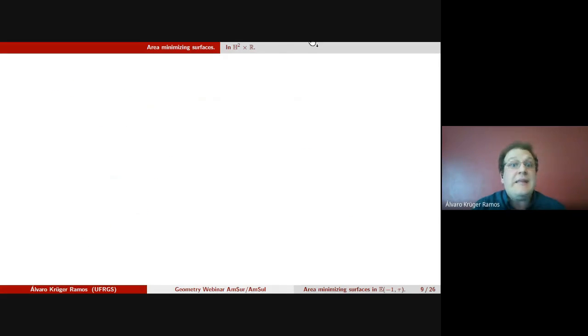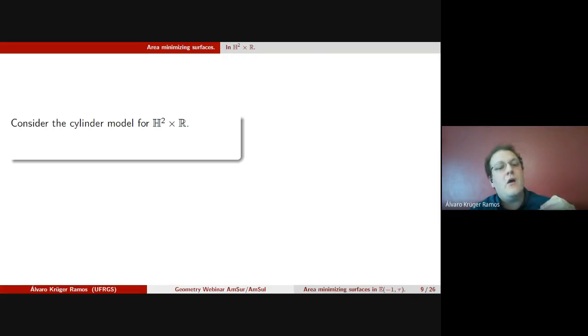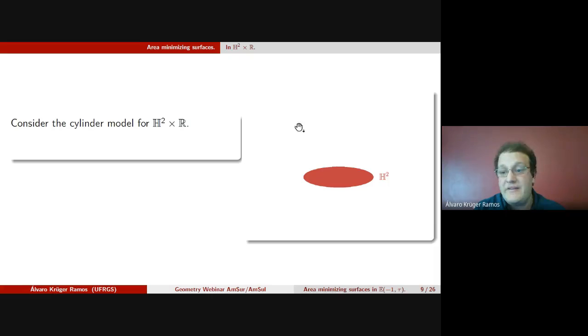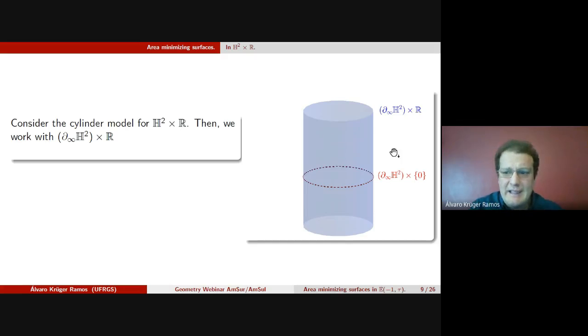So in H2 cross R, which is another very important space for us, we consider the cylinder model. So we have H2, which is the disk, and we make it cross R. And the asymptotic boundary we will work with is not the asymptotic boundary of H2 cross R, but the asymptotic boundary of H2, which is this circle, cross R. So it is an infinite cylinder.